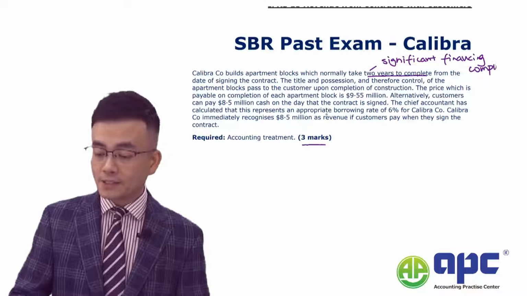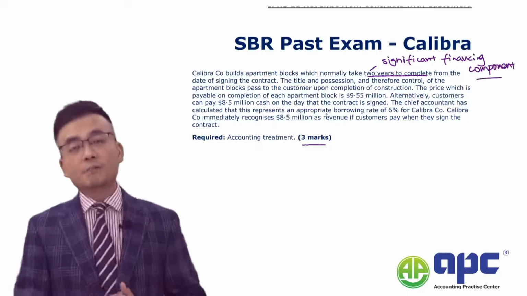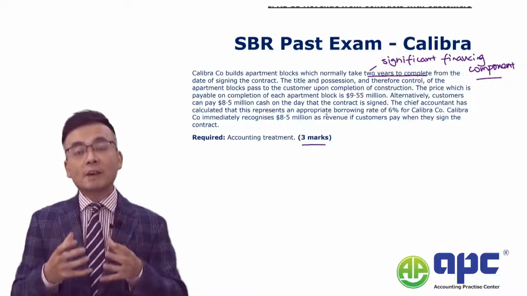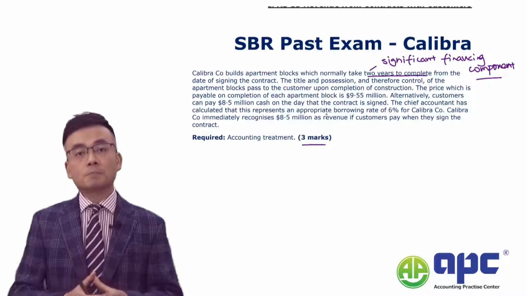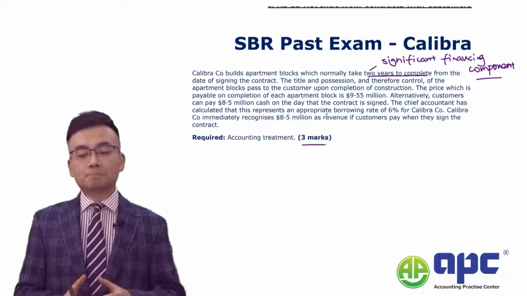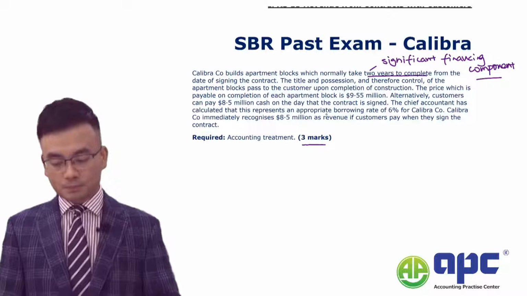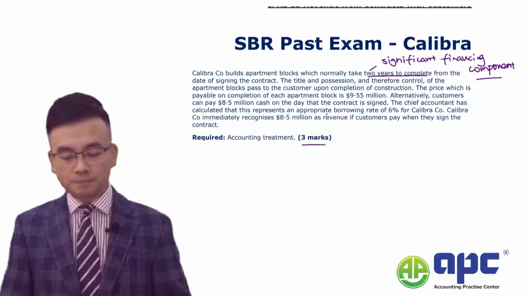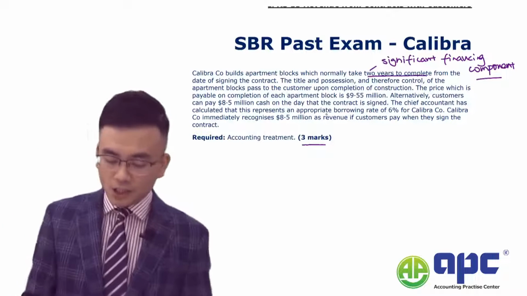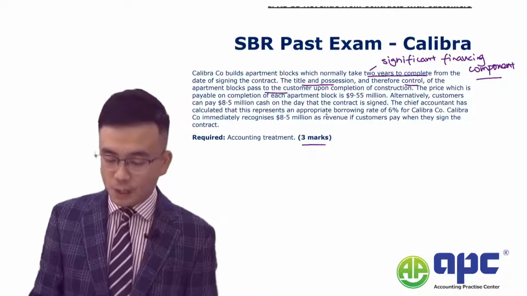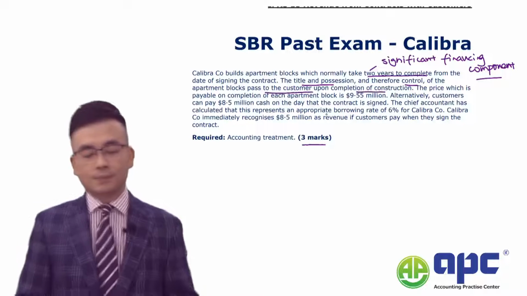It is quite commonly tested. Significant financing components simply means that we will be receiving money from a customer for more than 1 year. So we need to consider the present value of such when we compute revenue. We're told that the title, possession and control will pass to the customer when this is completed.